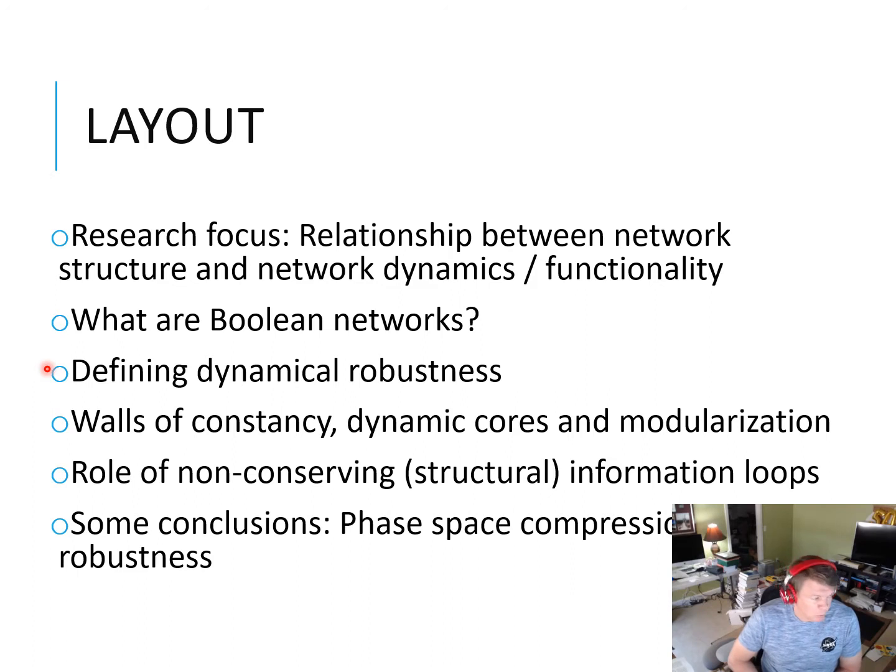So loops where the information is not transformed as such, it is basically stopped. The flow of information is stopped because of certain feedback loops in the system. And then we'll give some conclusions on phase space compression and robustness.